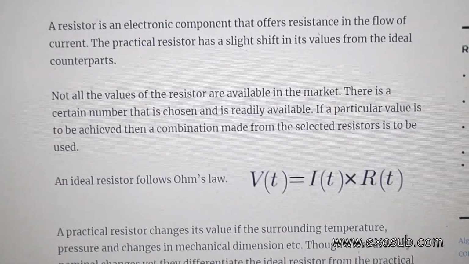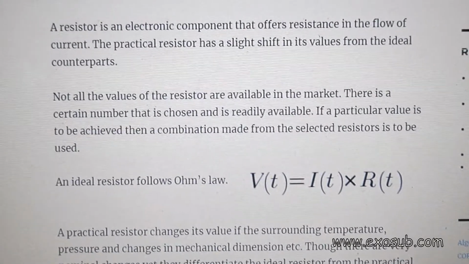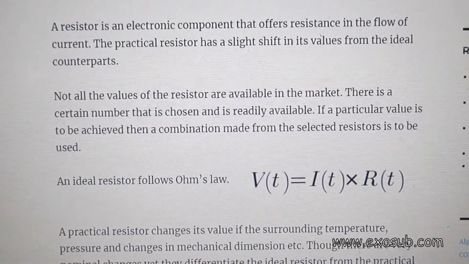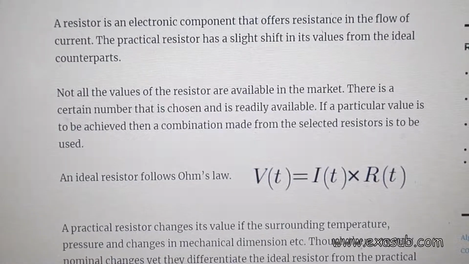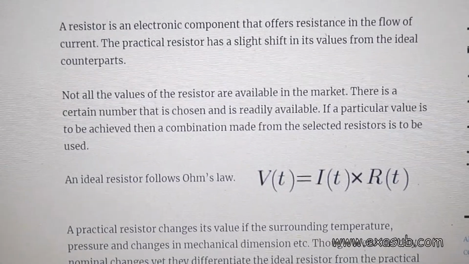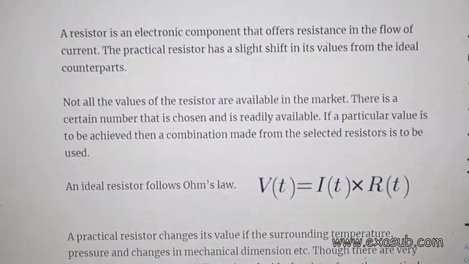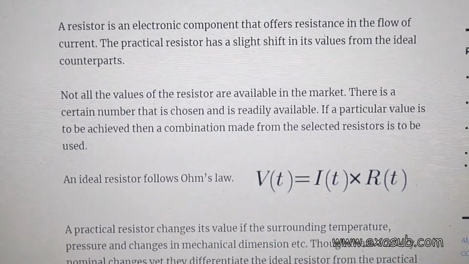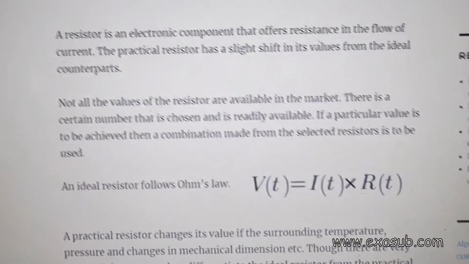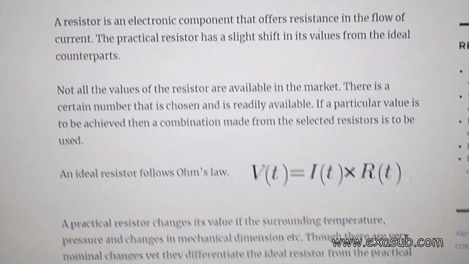An ideal resistor follows Ohm's law, which is V equals I into R. Here V is voltage, I is current, and R is resistance value, and all of them are dependent upon time.